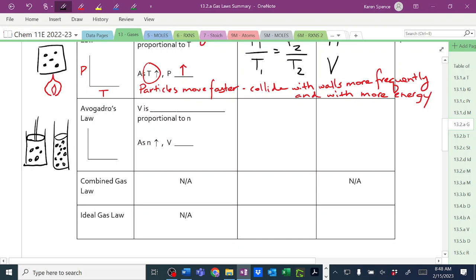What will happen to the piston? It's going to go up because you have more particles colliding with the piston, and so it's going to go up until the pressure equals the atmospheric pressure. Okay. So as N increases, V increases.